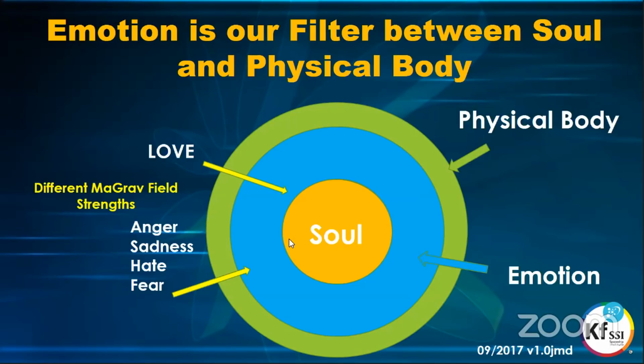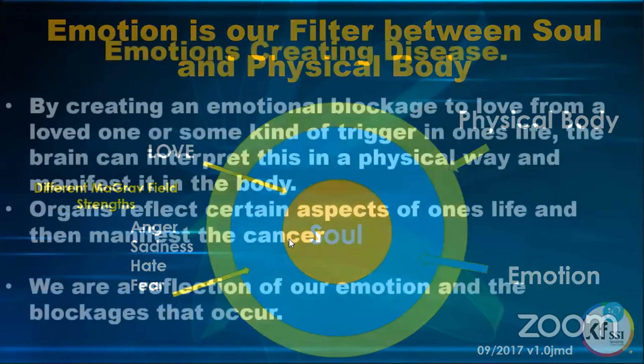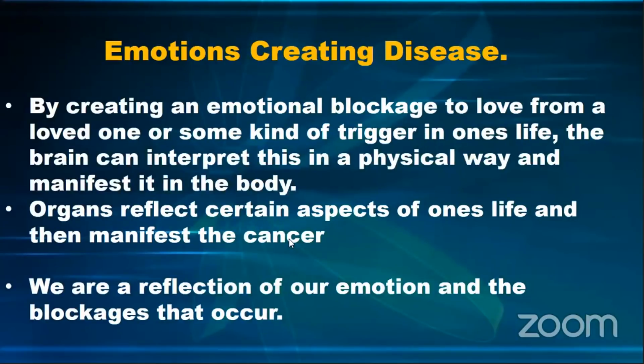And so we create blockages and a lack of energy in certain ways in our lives. This manifests in various ways, specifically in the body, by creating an emotional blockage to love from a loved one or some kind of trigger in one's life.